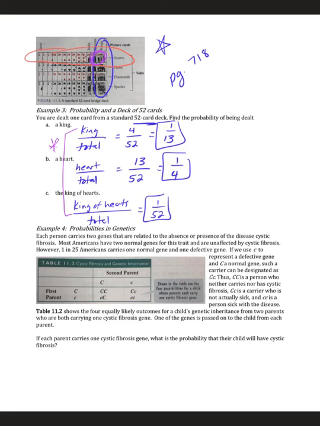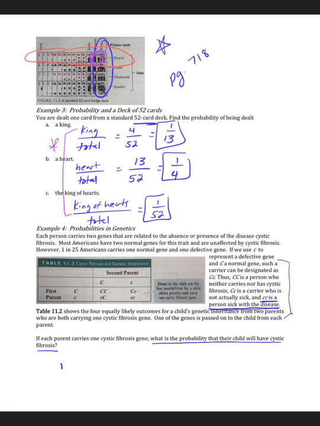Okay, after reading through it, you will see that the question is asking us what is the probability that the child will have cystic fibrosis? And we see that this chart has 4 different notations to it. And on the right-hand side in this little blurb right here, it goes through what each of them mean. It does tell us that cc, so 2 lowercase c's, is a person sick with the disease.